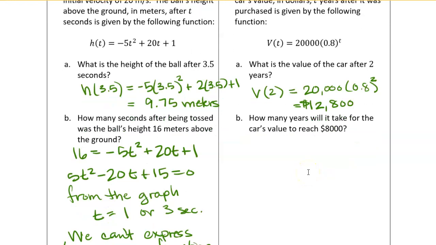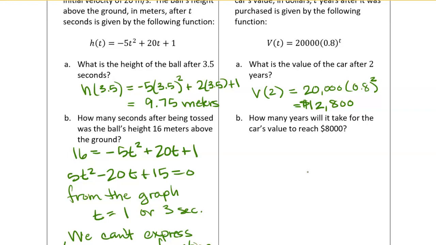Now we're going to go the other way. If we're given a value, we want to know how long it takes for the value of the car to reach $8,000. To solve this analytically using algebra, we need logarithms, and we haven't studied logarithms yet. So I'm not going to solve this with algebra.